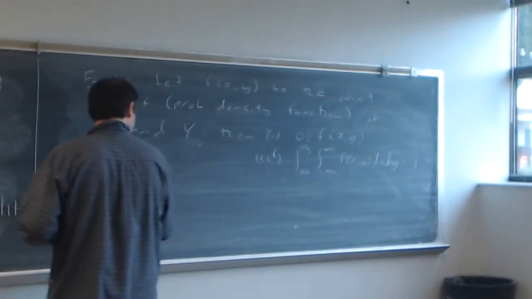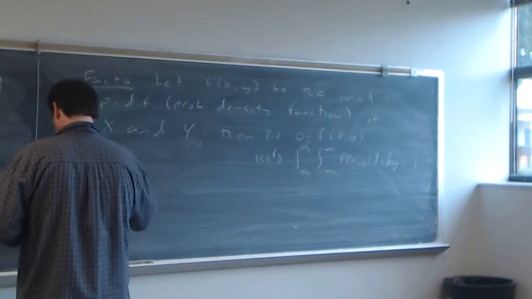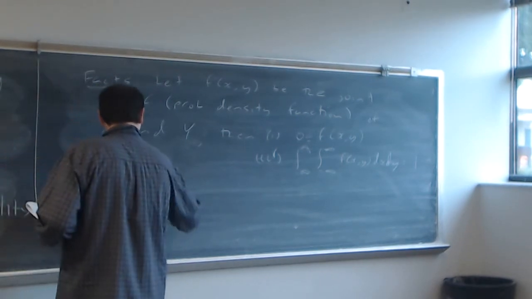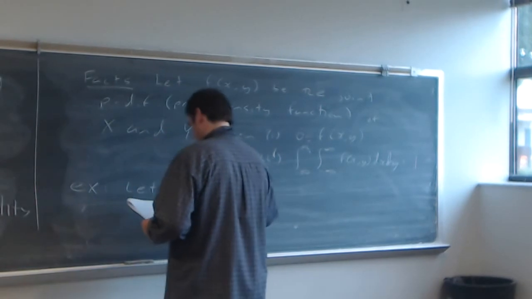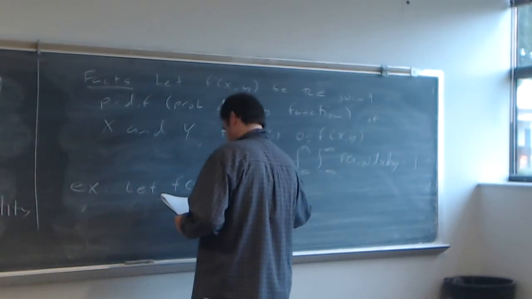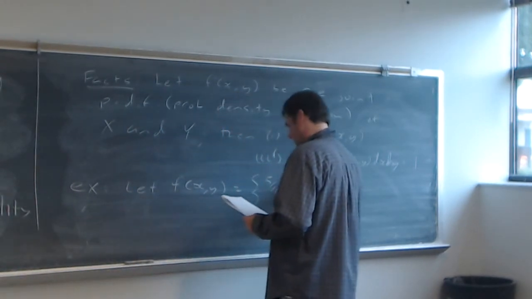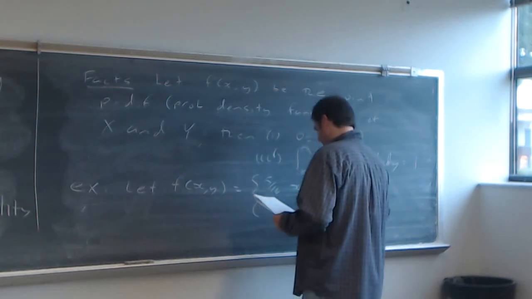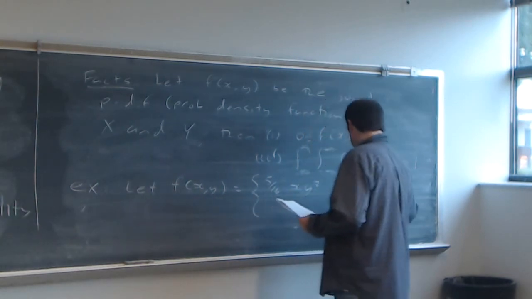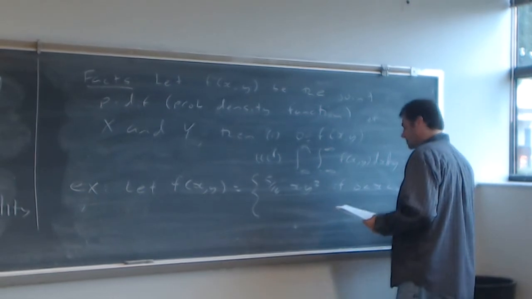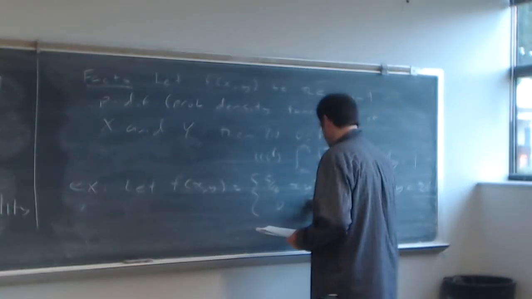Well, let's look at an example. Here, we're going to let f of x comma y be equal to 5/16 xy squared if 0 is less than x is less than y is less than 2, and 0 otherwise.